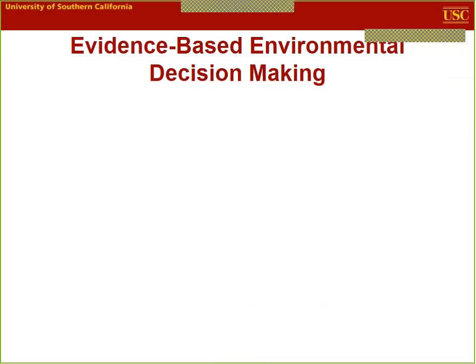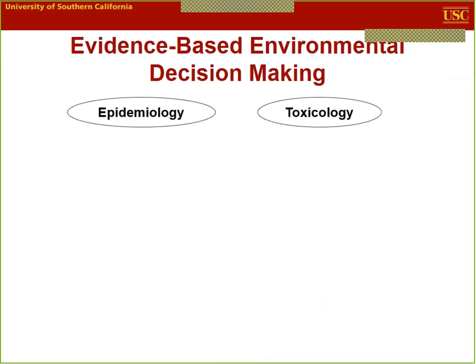Now, I want to start off by giving you a very general model of science-based decision-making in general. The core disciplines feeding in are epidemiology, studying people in the real-world context, and toxicology, which is looking at consequences in animal models and various cell systems, which have become increasingly sophisticated, something I'll come back to at the end.